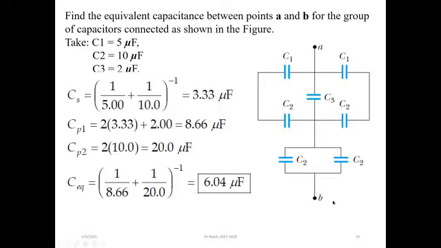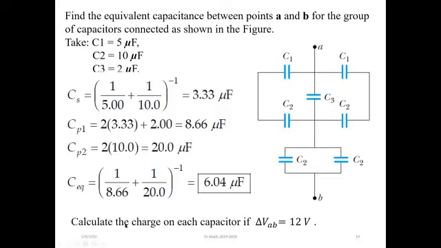For the total circuit, the lower part and the upper part are connected in series. So using the series formula, the result will be 6.04 microfarad. This is the equivalent capacitance of the circuit.